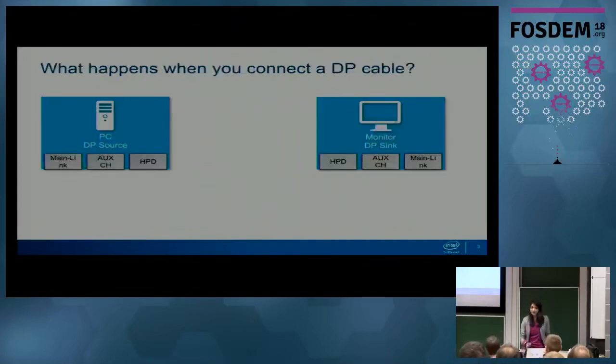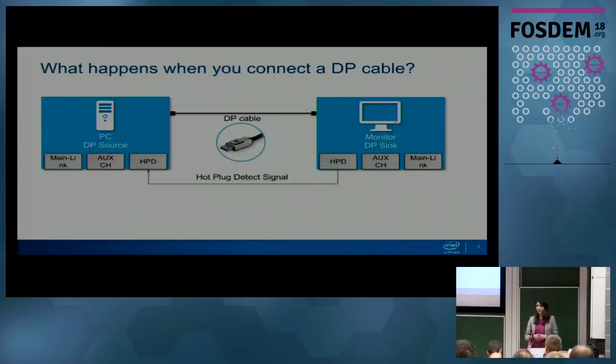So let's start with the basics. What happens when you connect a DP cable? You have the DP source on one end, which is your PC, and the DP monitor on the other end. When you connect it with the DisplayPort cable, the first thing that happens is the hot plug detect signal that the sink device sends to the source device. It's just an interrupt signal saying, hey, there's a new connection.